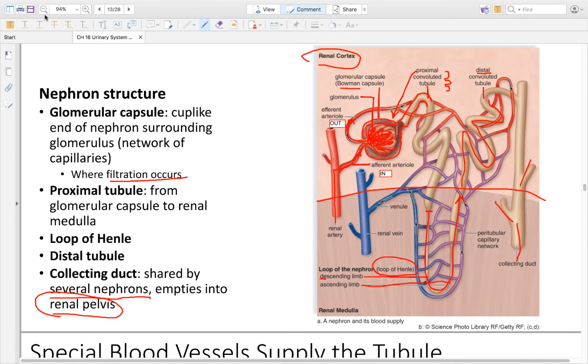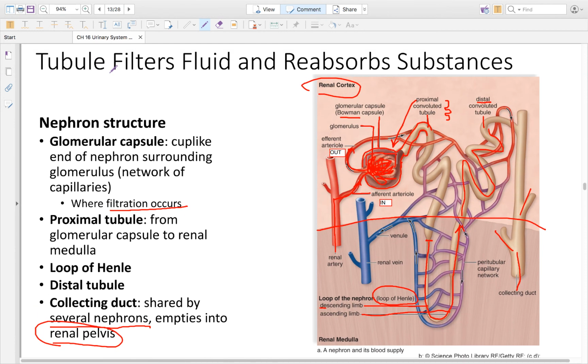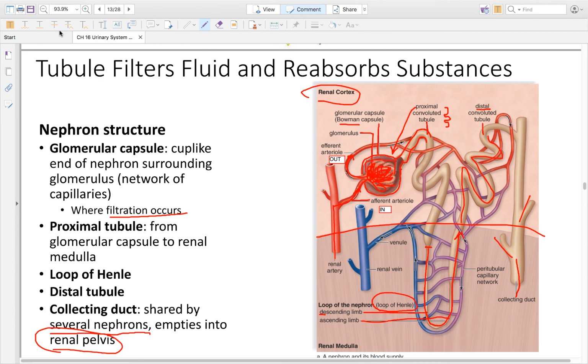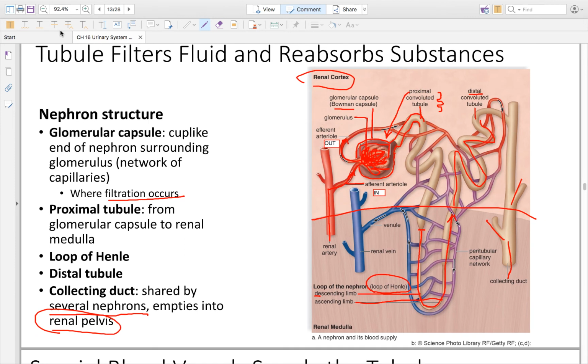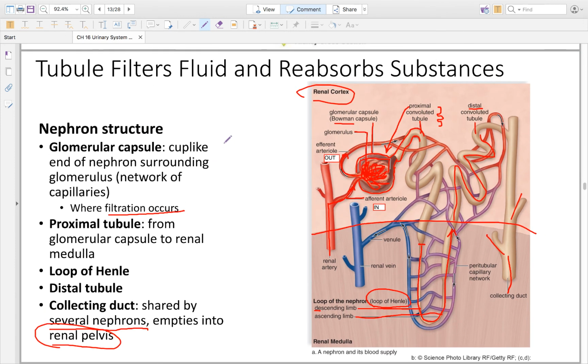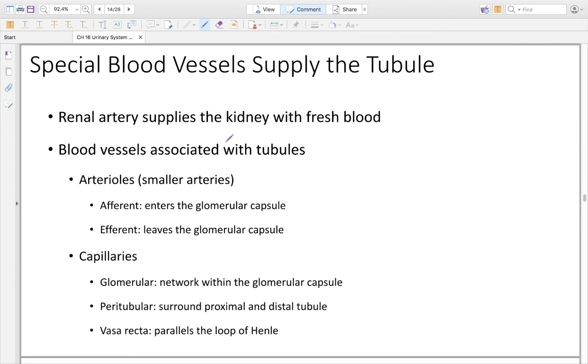Okay, so this is just anatomy. I haven't gotten to the full lecture on urine formation.